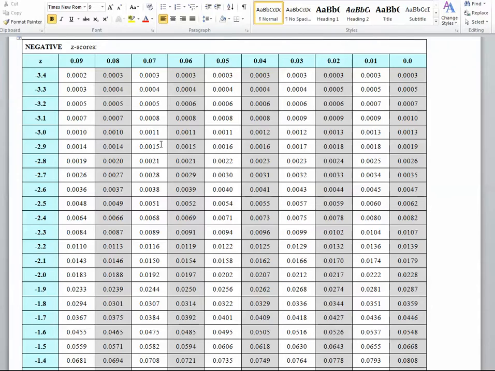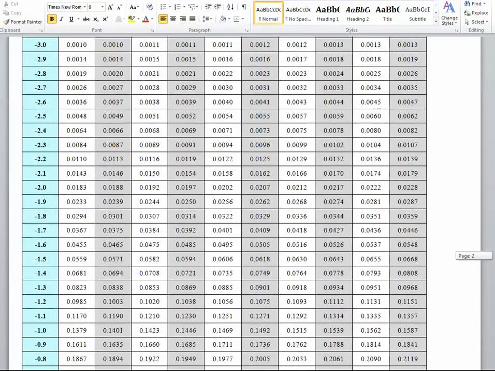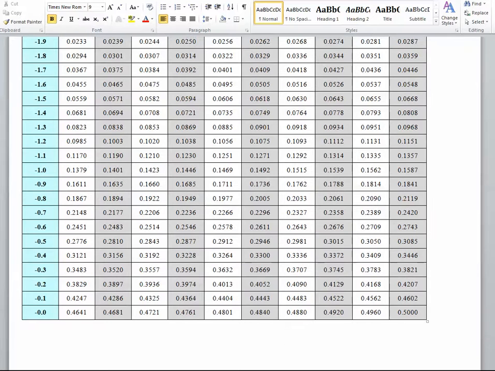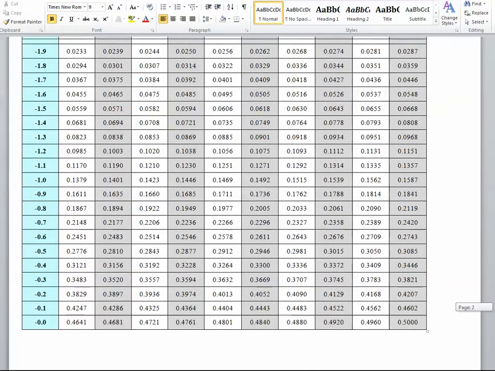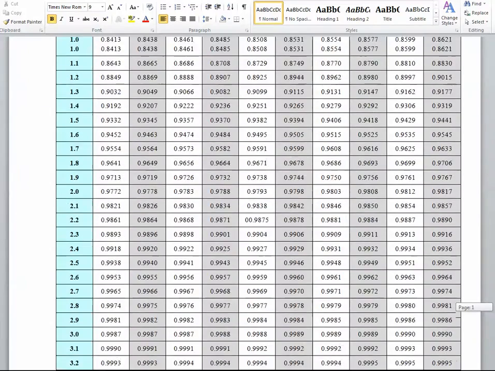You can see on this negative side that the probabilities are increasing all the way. As I go down this, they're getting bigger and bigger. The biggest one on the negative side is exactly 0.5, which hopefully makes sense because that's a z-score of 0.00. That's right there in the middle of our data, so it makes sense that 50% would be on this negative side.